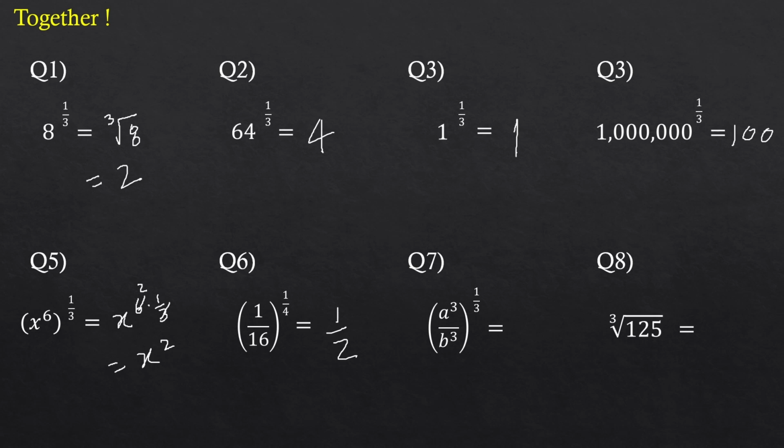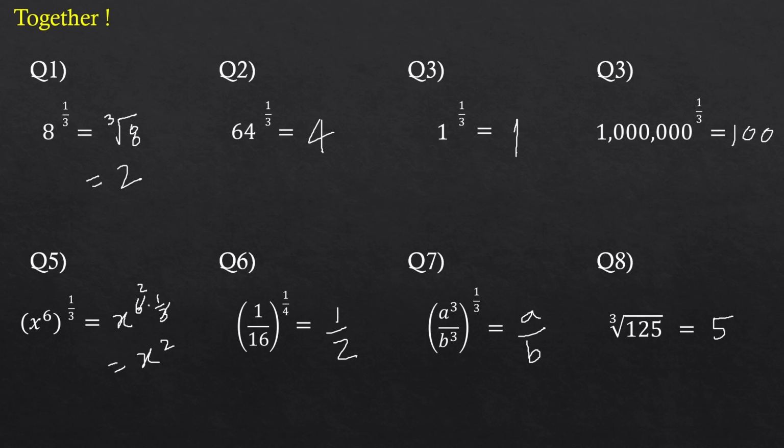Because everything is inside the bracket, of course 1 over 3 should apply to both numerator and the denominator, right? So a over b. And if you think about it, if we multiply a over b 3 times, it should be a to the 3 over b to the 3, right? Alright, next question. Cube root of 125. So a number that becomes 125 when you multiply 3 times. You guys should be smart enough to know this.